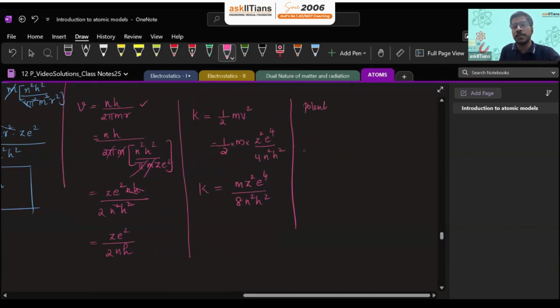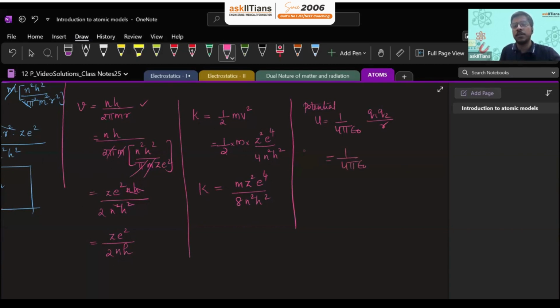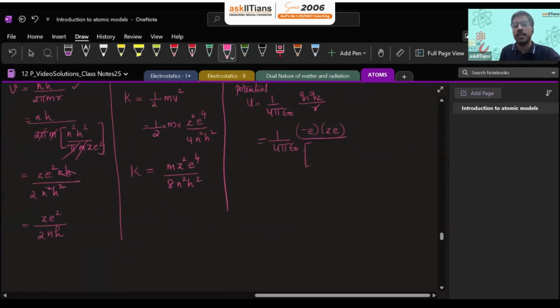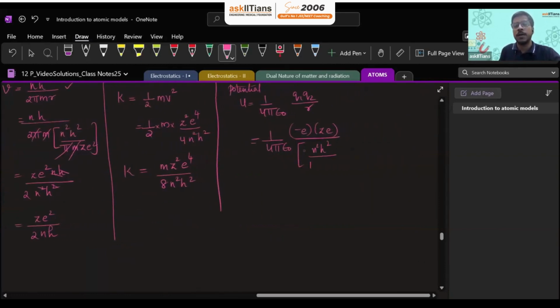So similarly, I can find the expression for potential energy of the electron in the nth orbit. Potential energy is given by U is equal to 1 by 4 pi epsilon naught Q1 Q2 by R. Here, Q1 is the charge of electron. While calculating potential energy, we have to take the sign of the charge, minus e, times ze, charge of nucleus, divided by R. What is R? R is n square h square by pi m z e square.